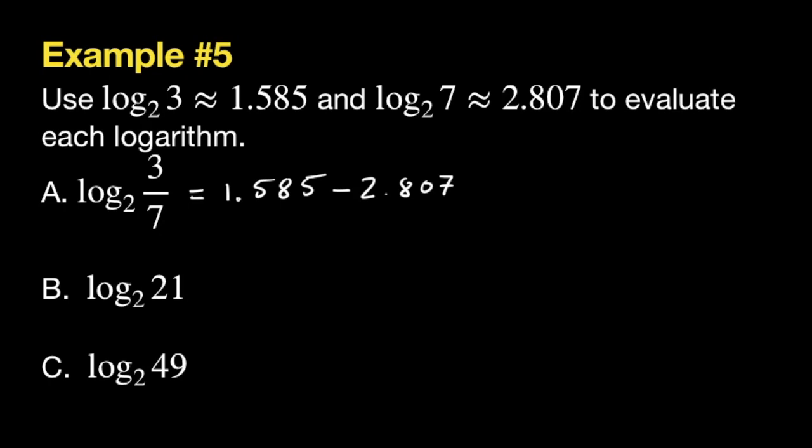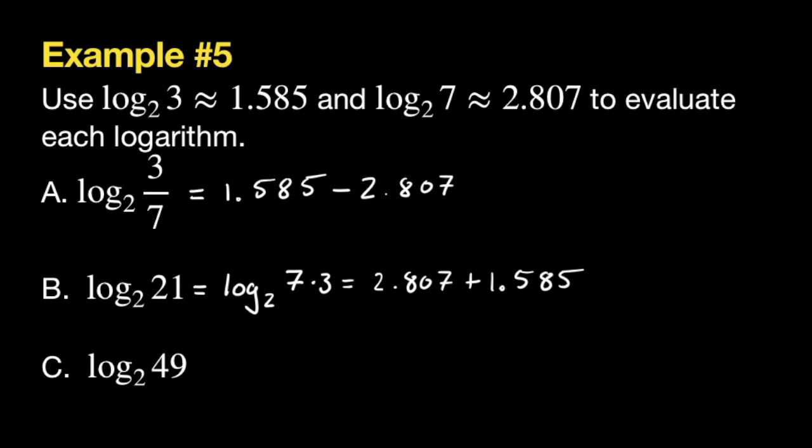In the next one, they're telling us to find the logarithm base 2 of 21, but we don't have a calculator once again, so we can actually just rewrite this as log base 2 of 7 times 3, and we just use a property that we already know. That means that this is going to be equal to 2.807 plus 1.585.